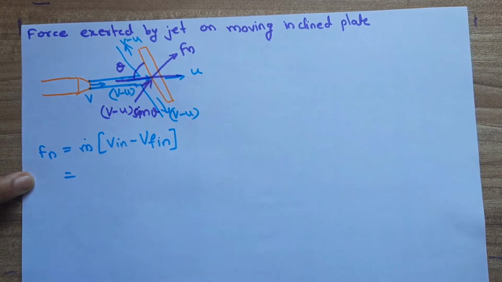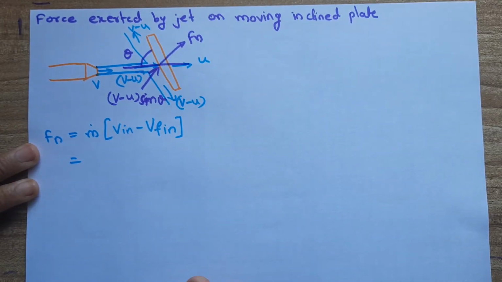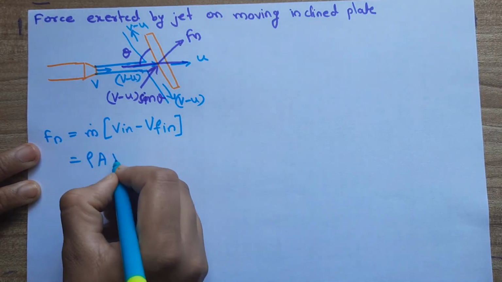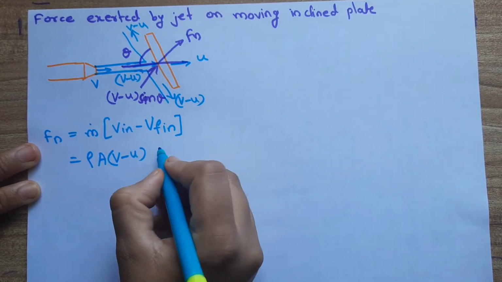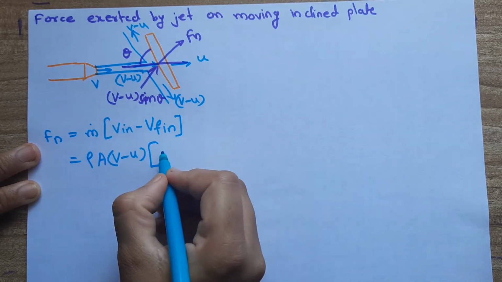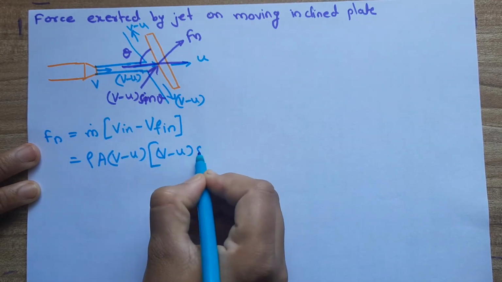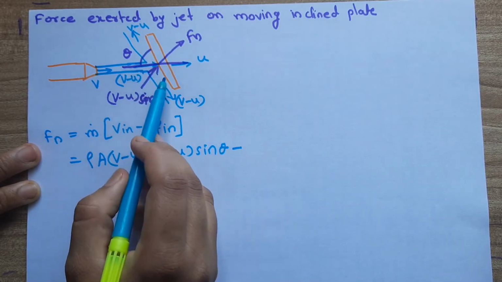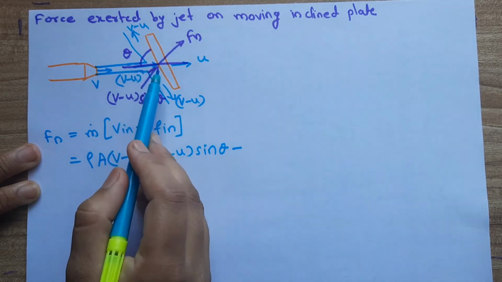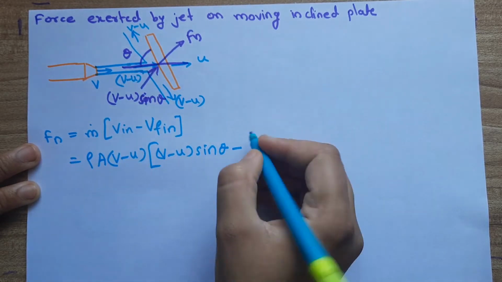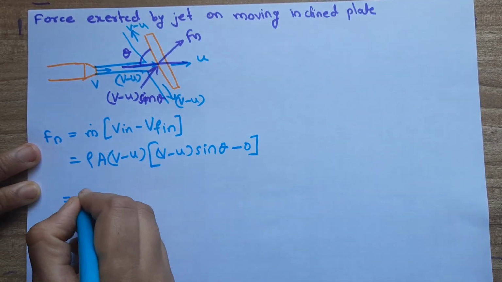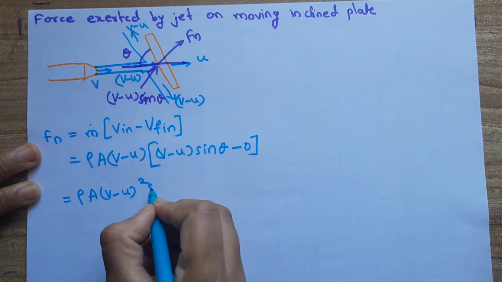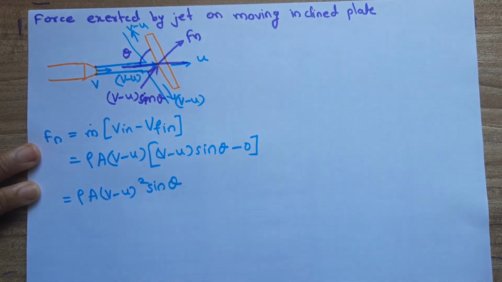Here m dot will change as relative velocity is going to act, so the mass flow rate will be rho a (v minus u). Initial velocity is (v minus u) sine of theta, and final velocity in the normal direction is 0 at the exit. Hence Fn will be equal to rho a (v minus u) squared sine of theta.